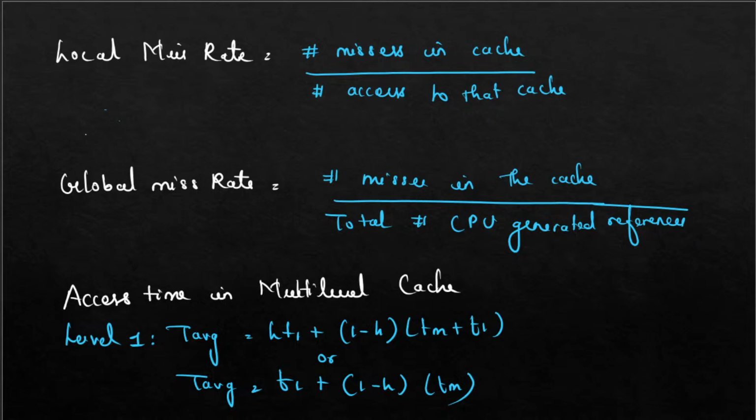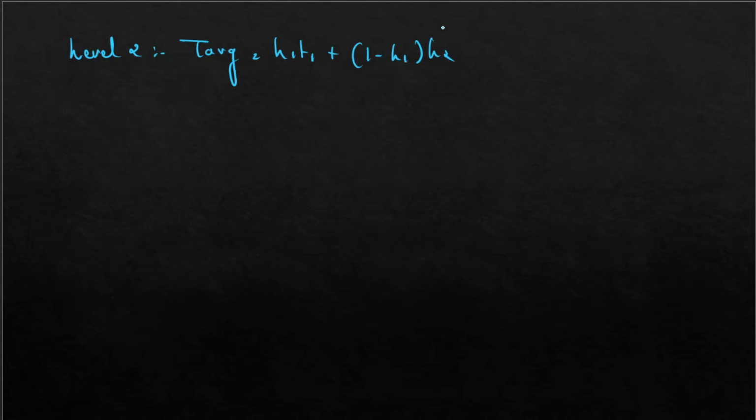Okay, so this is for level 1. Now let's see for level 2. Level 2, t average is h1 t1 plus 1 minus h1 h2 t2 plus t1 plus 1 minus h1 tm t2 plus t1.